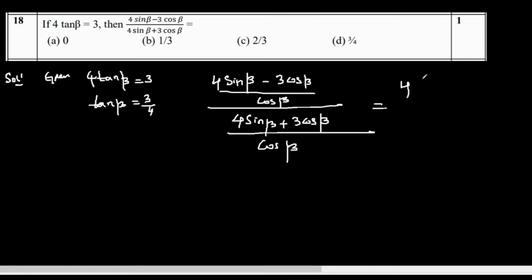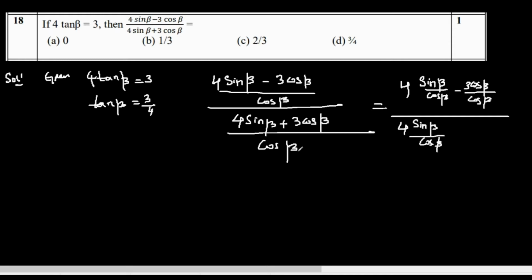Numerator and denominator will become 4 sin beta by cos beta minus 3 cos beta by cos beta, divided by 4 sin beta by cos beta plus 3 cos beta by cos beta. Separately I am taking sin by cos and cos beta by cos beta. We all know that sin beta by cos beta value is tan beta.